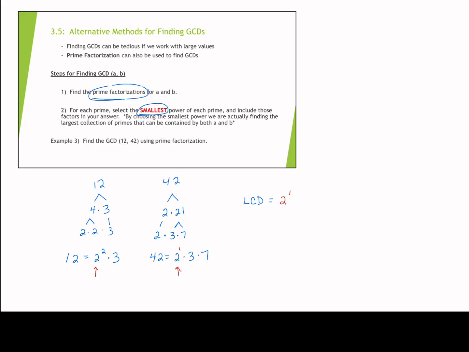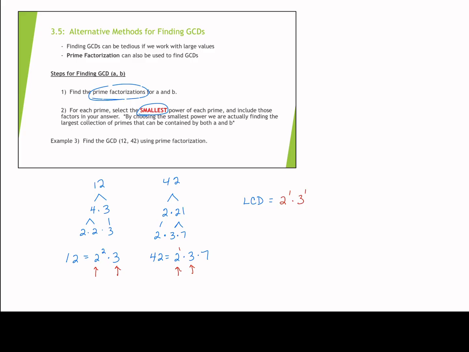So my LCD is going to include 2 to the power of 1. If we now move on to 3, I've got 3 to the power of 1 in both places. So it doesn't matter, of course, which base and power I choose because they're the same. 3 to the power of 1 would be the lowest possible power, or smallest power, for that prime.